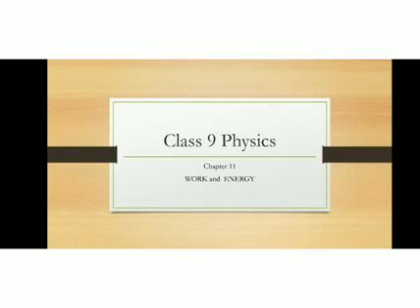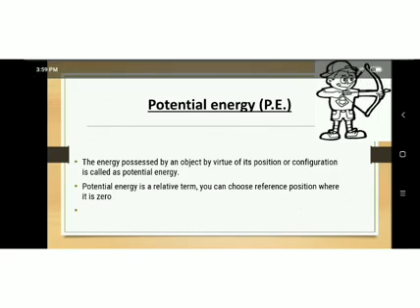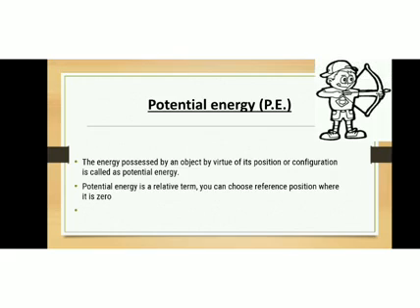So potential energy is the energy possessed by an object due to its position or its configuration. Energy possessed by an object by virtue of its position or configuration is called potential energy.